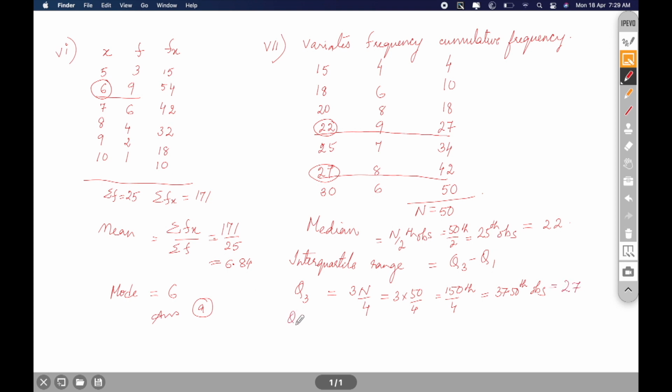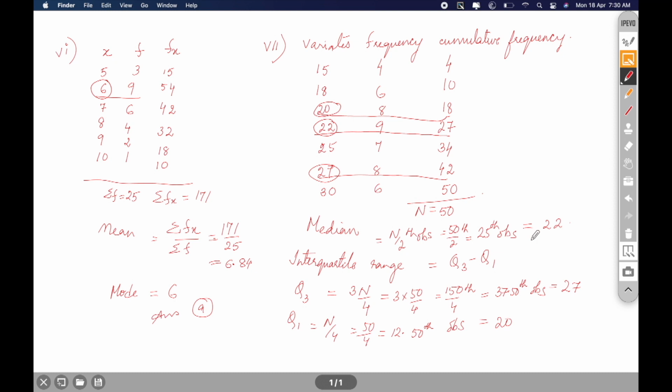Next comes Q1, which is simply n by 4, that is 50 by 4, that is 12.50 observation. So we don't have 12.50 here, but the immediate next greater value is 18 and the variate is 20. So here 20 is the lower quartile.